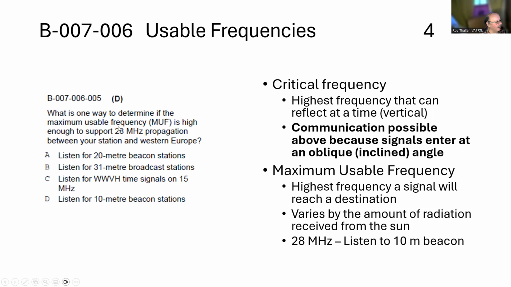So you take 300 divided by 28, which gives you roughly 10. So you're looking for something that's around 10 meters. So D is the correct answer. Listen to the 10-meter beacon station, because you want to be close to the frequency that you actually want to use.